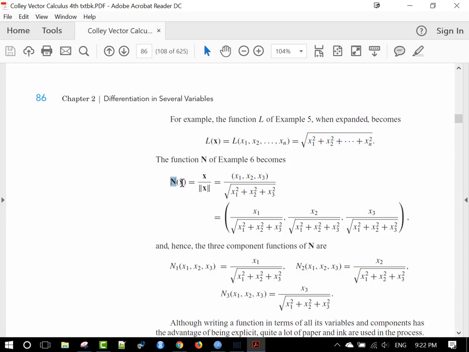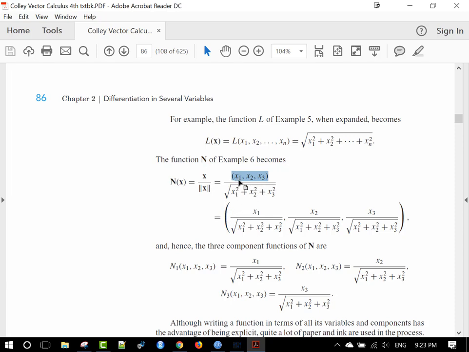So this was start with x and get a unit vector in the same direction as x. We did this part. We did this already. And basically, x is now expanded like that. And then the norm of x is written like this. So we get that, which can also, of course, be written.